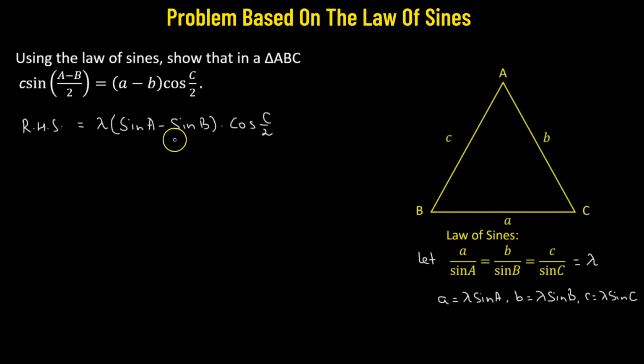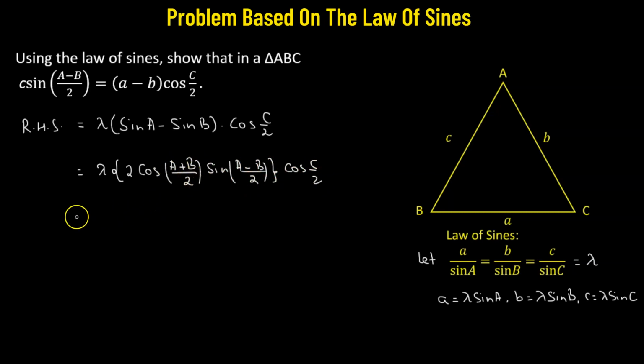Now we can combine sine A minus sine B. That's given by the formula: lambda multiplied by 2 times cosine of (A plus B)/2 multiplied by sine of (A minus B)/2, whole multiplied by cosine of C/2.